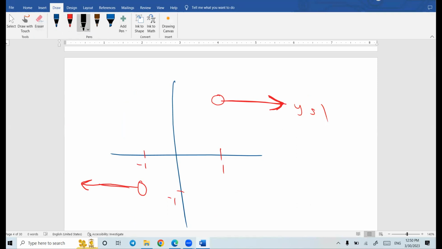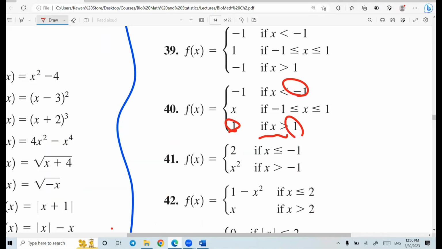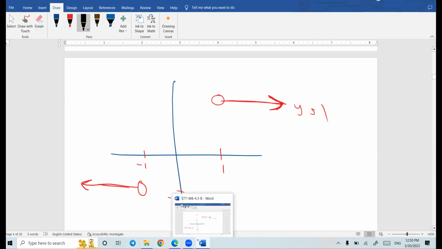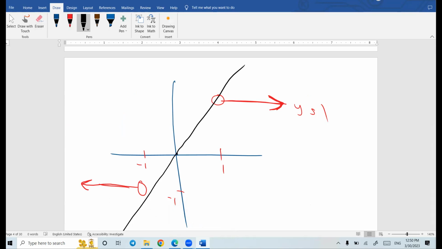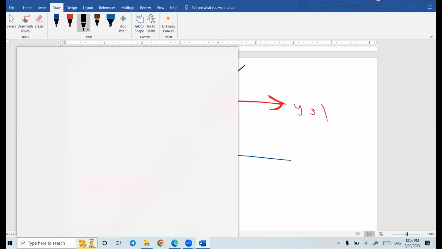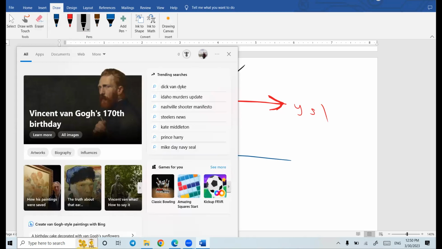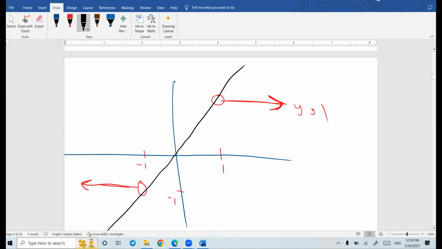Last one, I have what? I have only x. Where's the graph of x? The graph of x is like that. Am I right? It's like that generally. It's like that line, right? Good. So how do we erase the part, depending on the location.